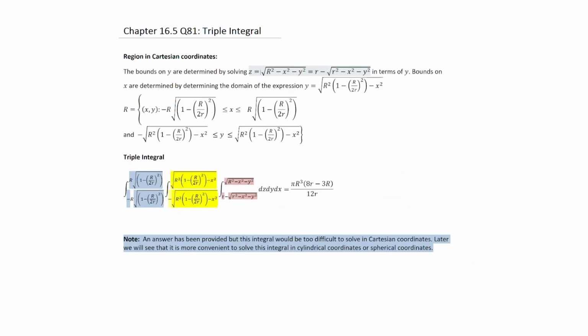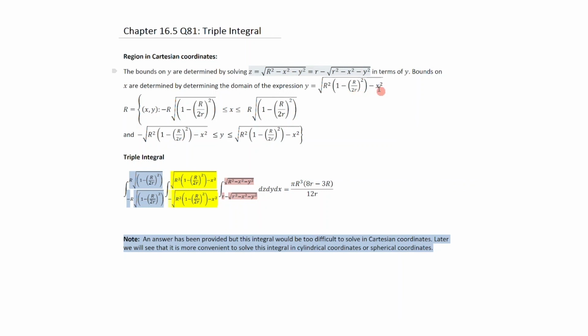All right, so in Cartesian coordinates, we know what the bounds on z are, but the bounds on y are determined by taking the equations for z for the two surfaces, equating them, and solving for y. So I've equated these two, solved for y, and ended up with this expression here. If I wanted the domain of x, which is the outermost integral, then I'm looking at under what conditions the argument of the square root remains real, which is between a lower and upper limit of x.